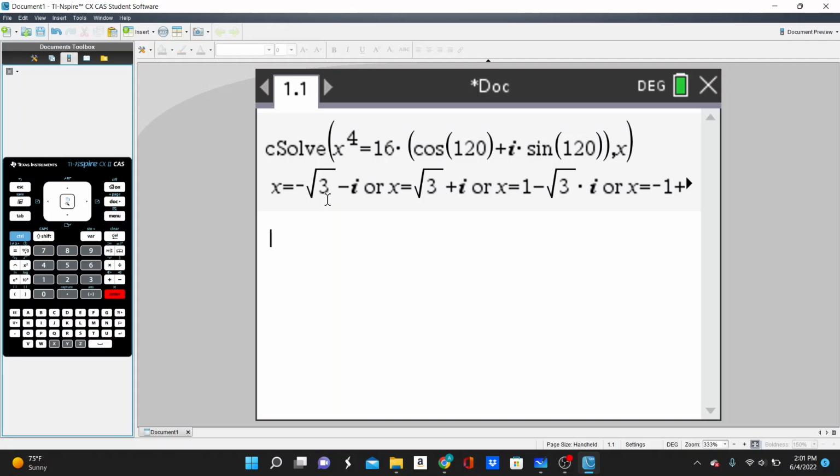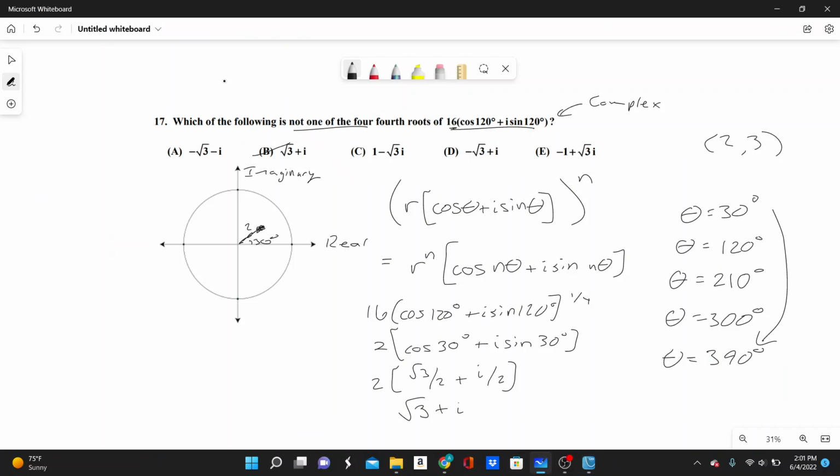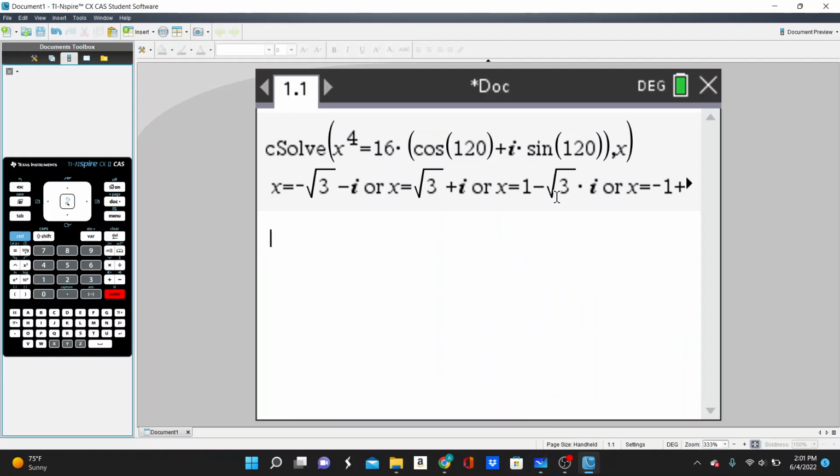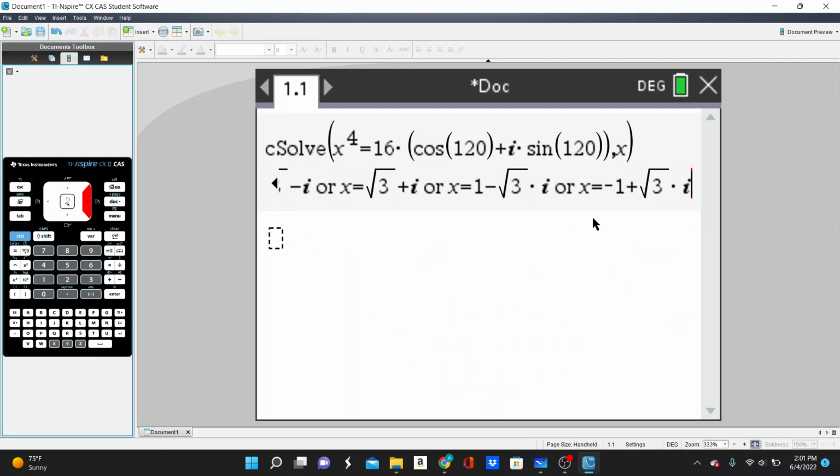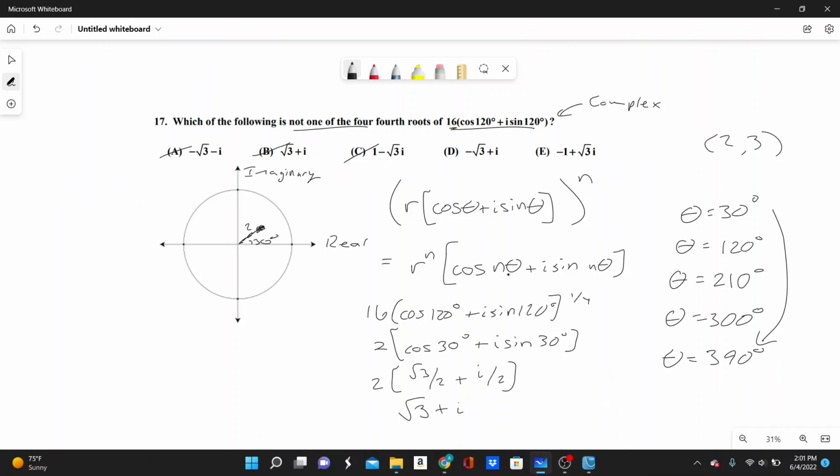We have negative square root of 3 minus I, so we can get rid of A. We have 1 minus square root of 3 I, so that's this one. We can cancel out C. And lastly, we have negative 1 plus square root of 3 I, which is E. And so the only option left that we have is D, and that is the answer.